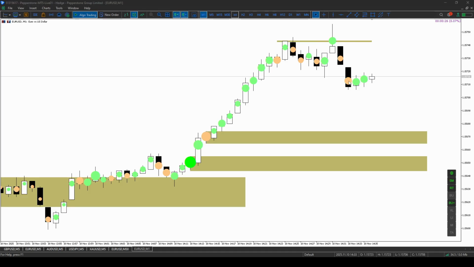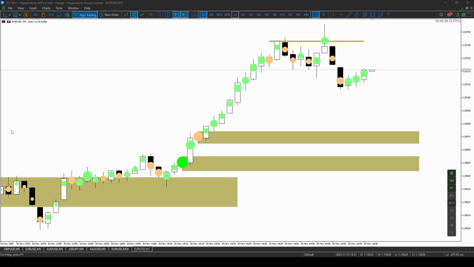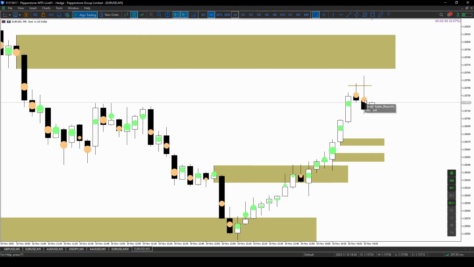And here medium trades. Let me go to the 5 minute.